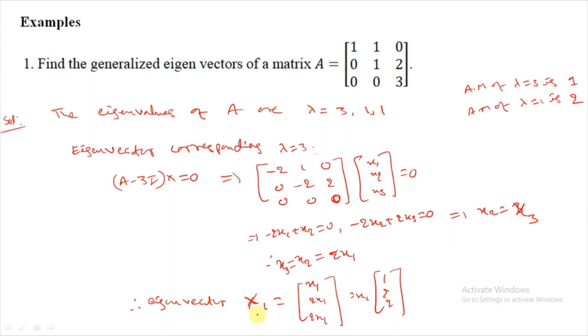Okay. This one, x eigenvector. Therefore, x1 equal to 1, 2, 2 is eigenvector corresponding to lambda equal to 3. Now go for eigenvector corresponding to lambda equal to 1.